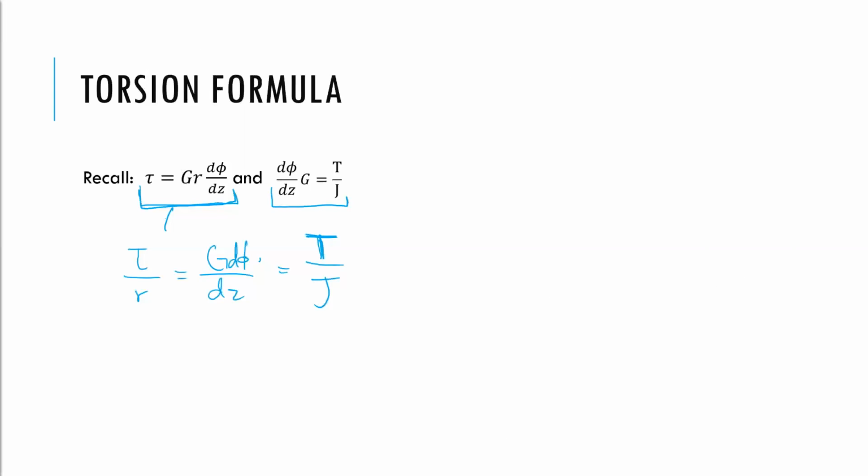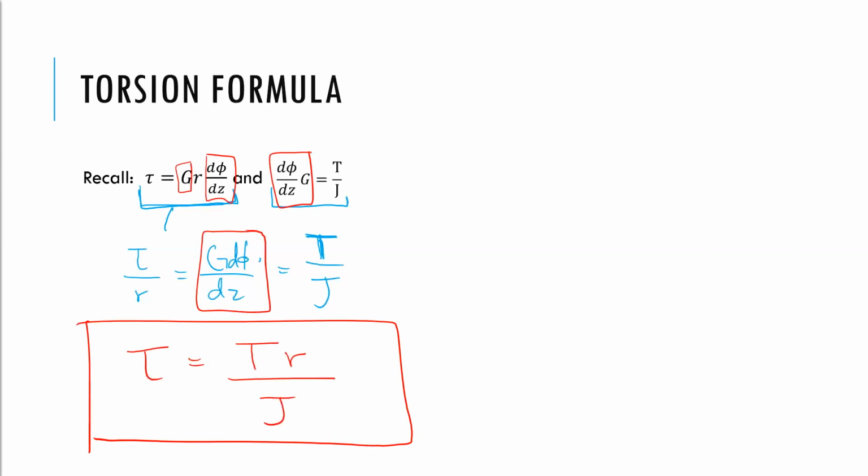Because this term here is that, and it's that. So tau over R equals T over J. That gives us a very important equation: our shear stress is our applied torque times the radial location divided by J. And if we want the maximum shear stress, it's T C over J.